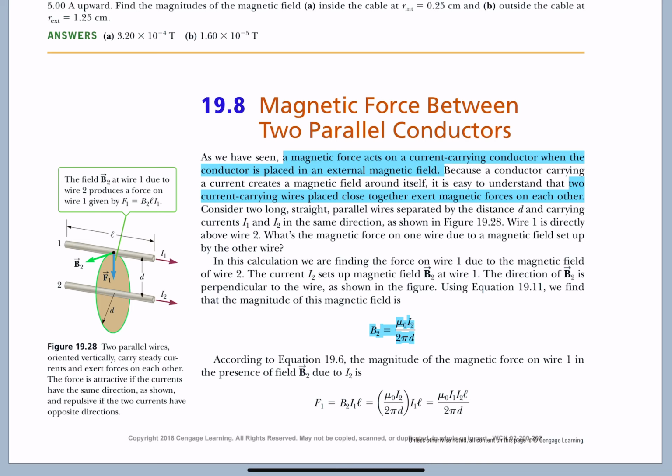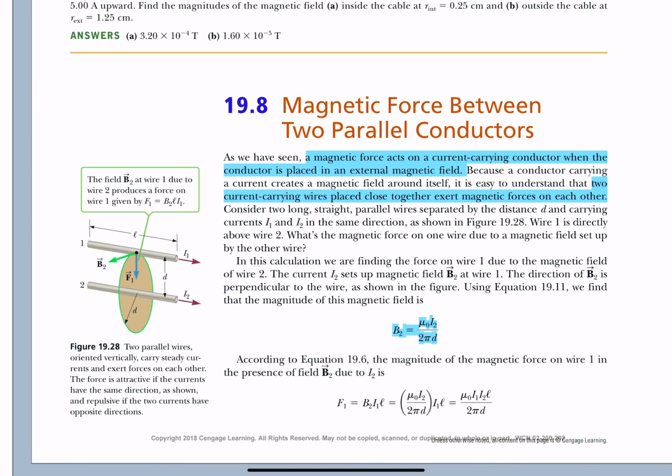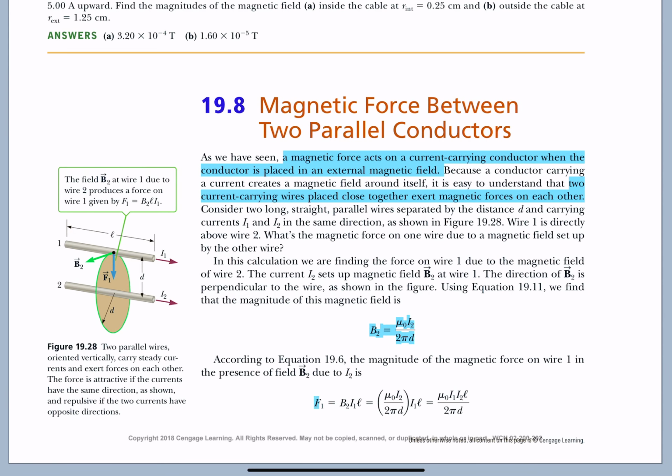Now, coming down to the bottom equation, we are going to take the equation that says that the force acting on a wire in a magnetic field, F equals BIL, and we're going to substitute for that magnetic field B2.